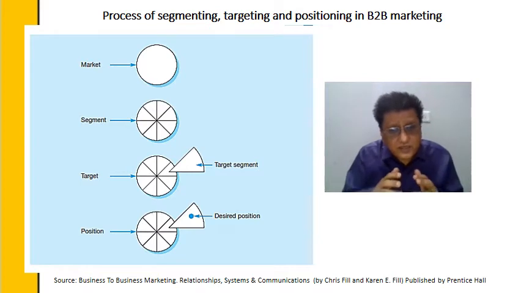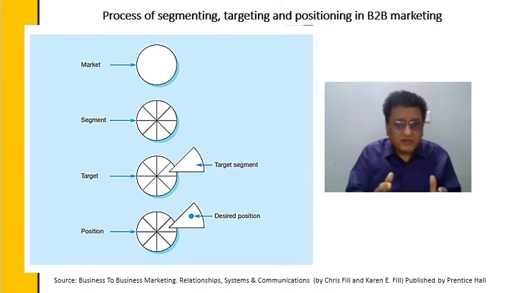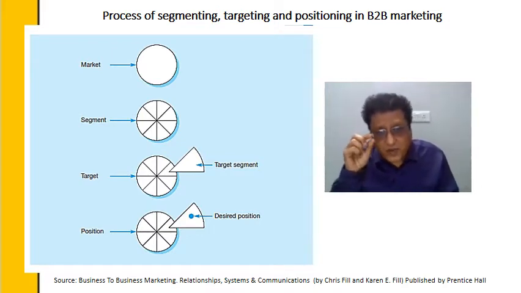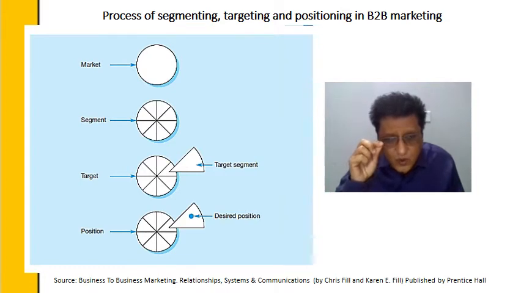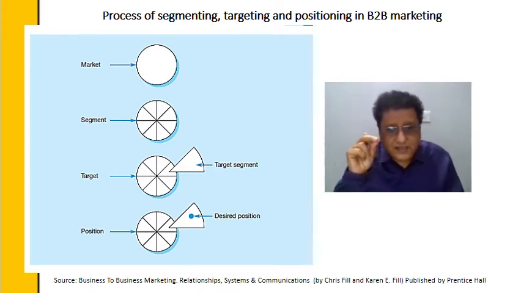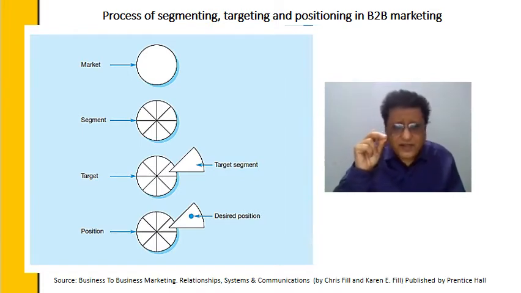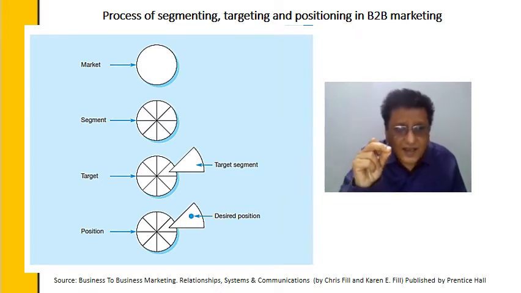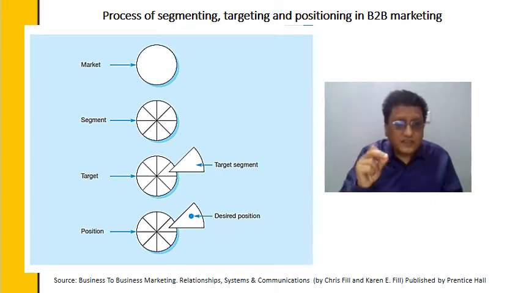If we have understood segmentation, we have understood targeting. What is positioning? If you see on the pie, which is the target market, there is a small circle, and against that it is written desired position. So in the target market, I want to be seen as this circle, and that is what the desired position is.